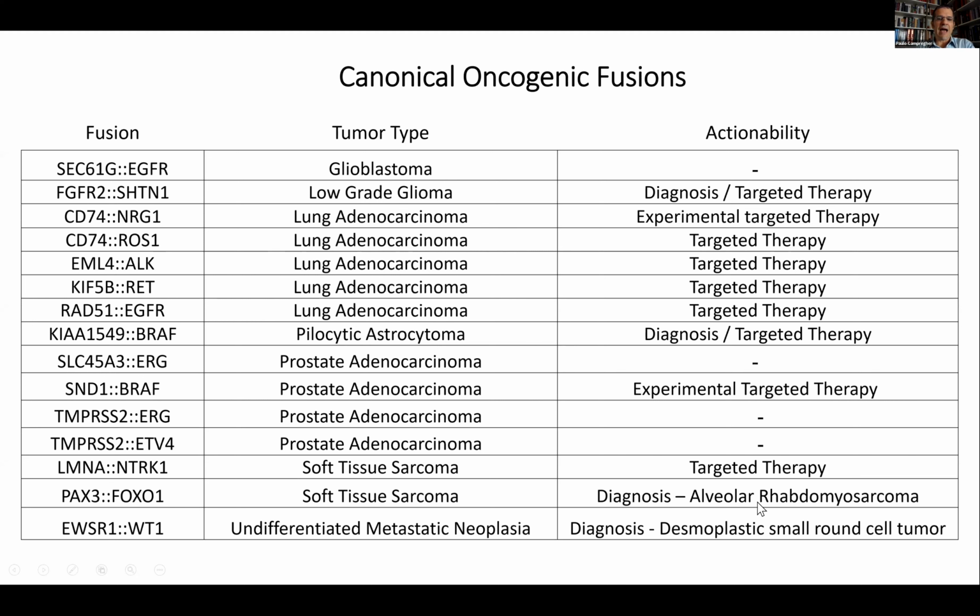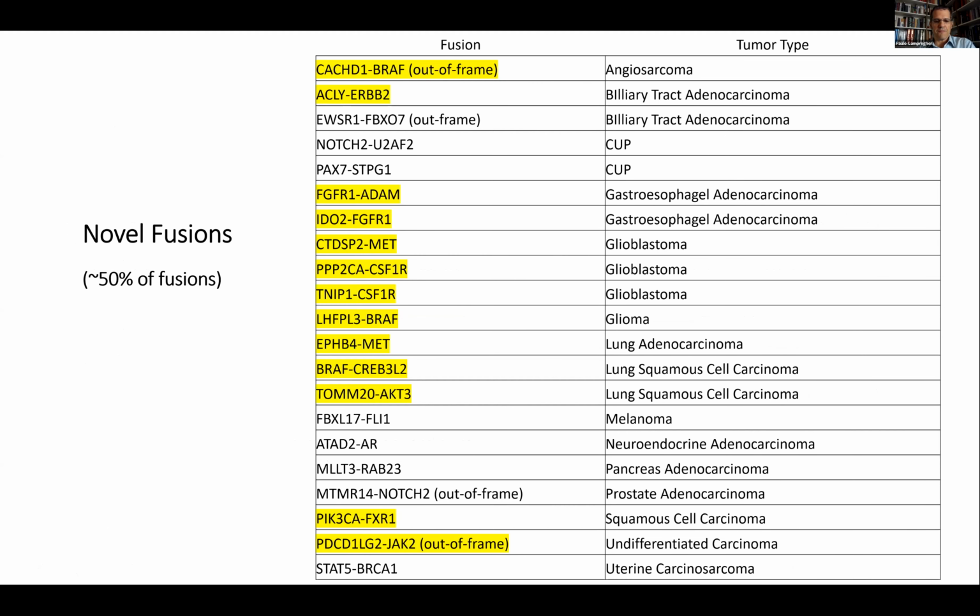And here, the actionability of the fusion, right? Sometimes that will enable treatment with some targeted therapy. Sometimes that will help us establish the diagnosis. Sometimes it even changes the diagnosis a little bit, and so on and so forth, right?